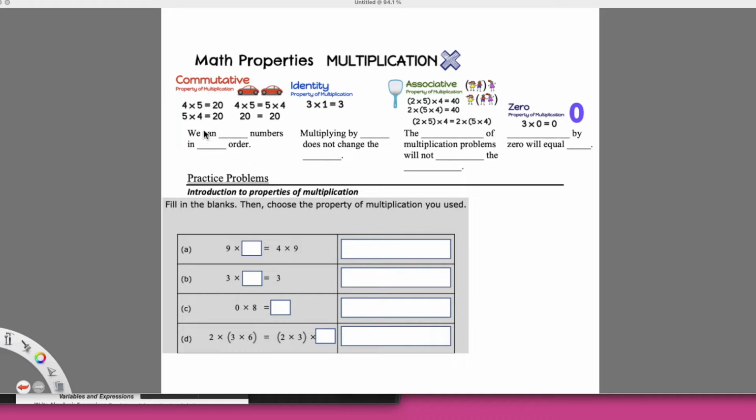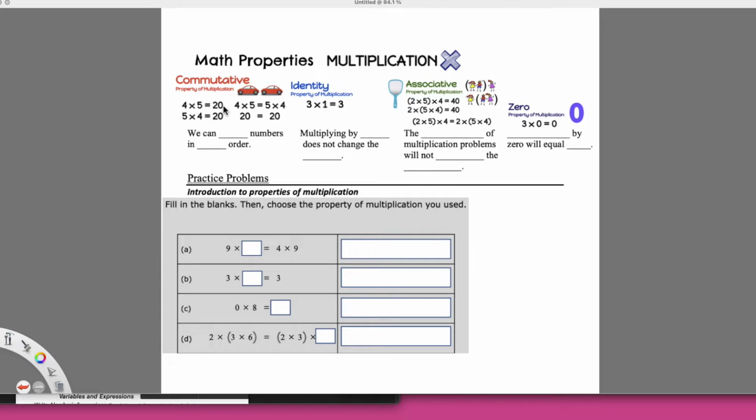So you can even see it's using some of the same numbers, and it's the same little symbols as before. So now I have 4 times 5 equals 20, or 5 times 4 equals 20. Well, it doesn't matter which way I multiply those. 4 times 5 is the same as 5 times 4. They're both 20. So I can move them around.